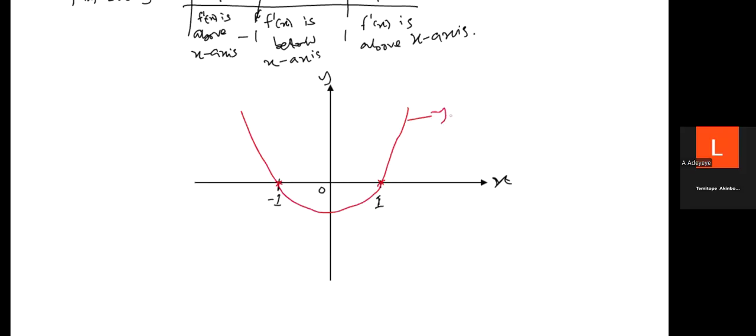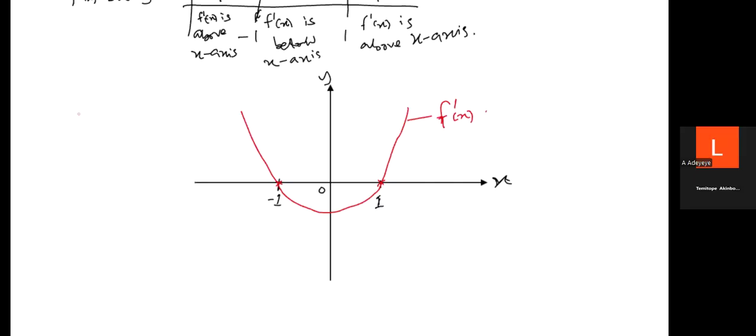This is the graph of f prime of x. Am I communicating? Yes, sir. Okay. So please sketch it. Hope you can see the logic that I've used? Yes, sir. So sketch that. When you are done, let me know.